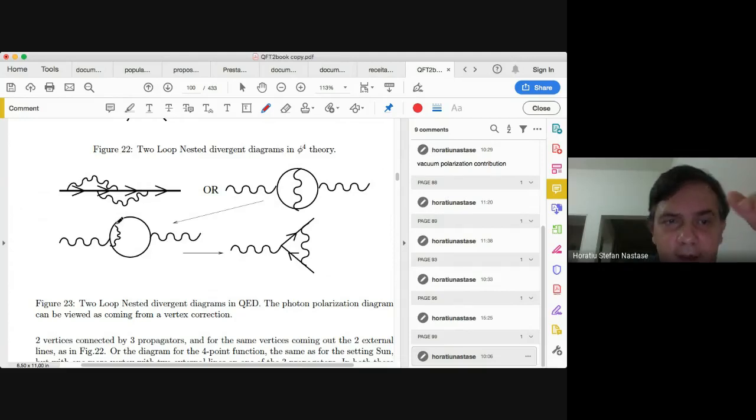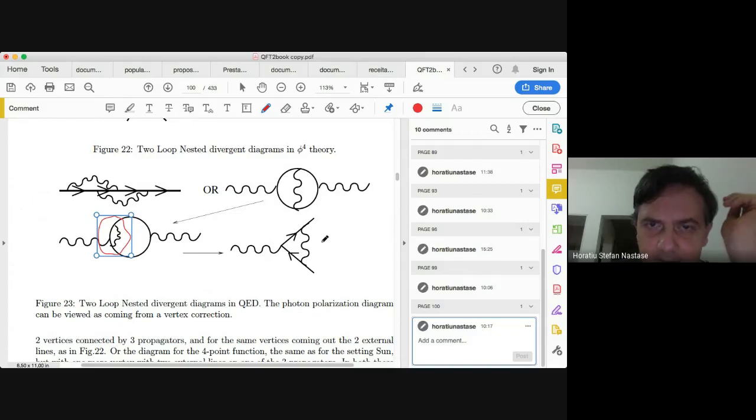But now if I draw it like this, you note what happens. Inside this 2-loop diagram, there's a 1-loop correction to the vertex. This diagram.